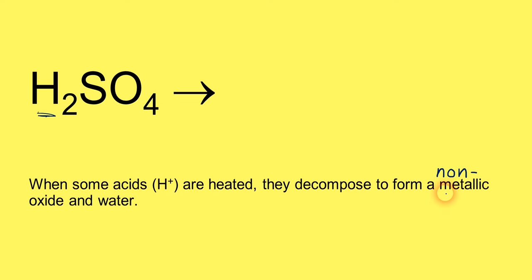So what is the non-metallic oxide here? Well, hopefully you see that it's sulfur, because sulfur is the main non-metal in this that, of course, is not oxygen or hydrogen. So it's going to be some form of sulfur oxide. That's the non-metallic oxide. And we all know what water is.